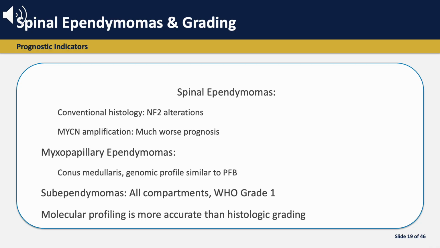Subependymomas may occur in all three anatomic compartments and remain largely a histologic diagnosis with WHO grade 1 behavior. Grading of ependymomas on histologic grounds continues to be of questionable utility, as molecular profiling has proved more accurate at identifying tumors with significantly poorer outcomes.